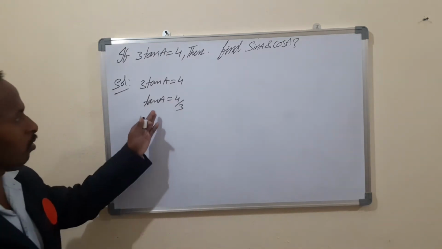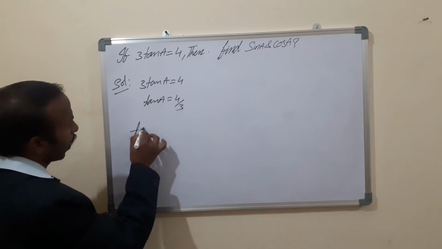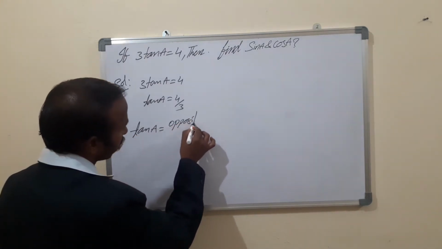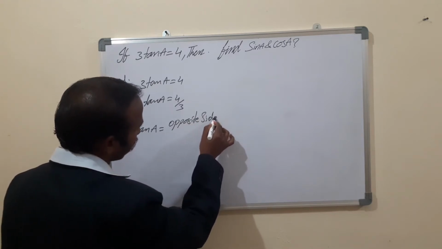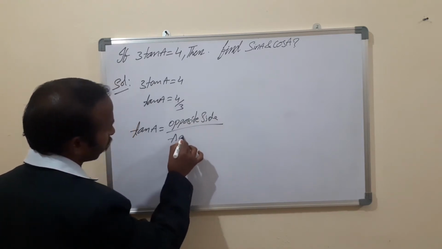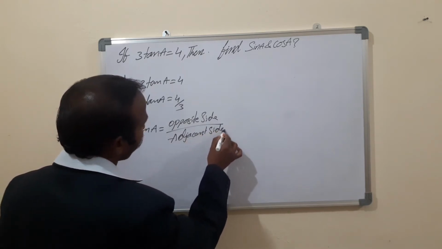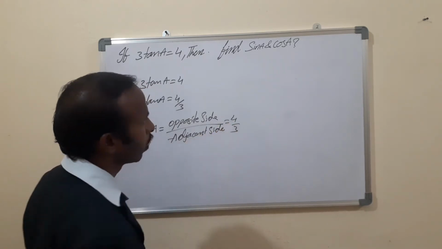What is the formula in terms of sides for tan? Tan A equal to opposite side by adjacent side, that equal to 4 by 3.